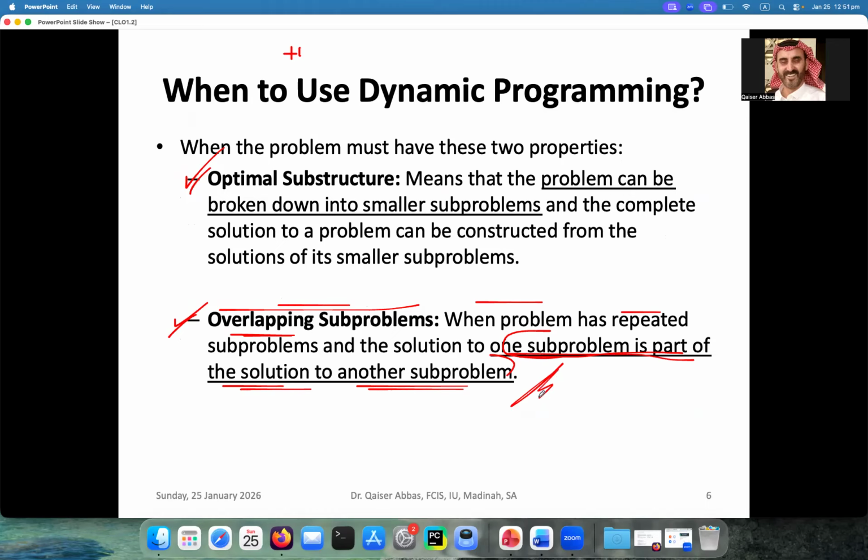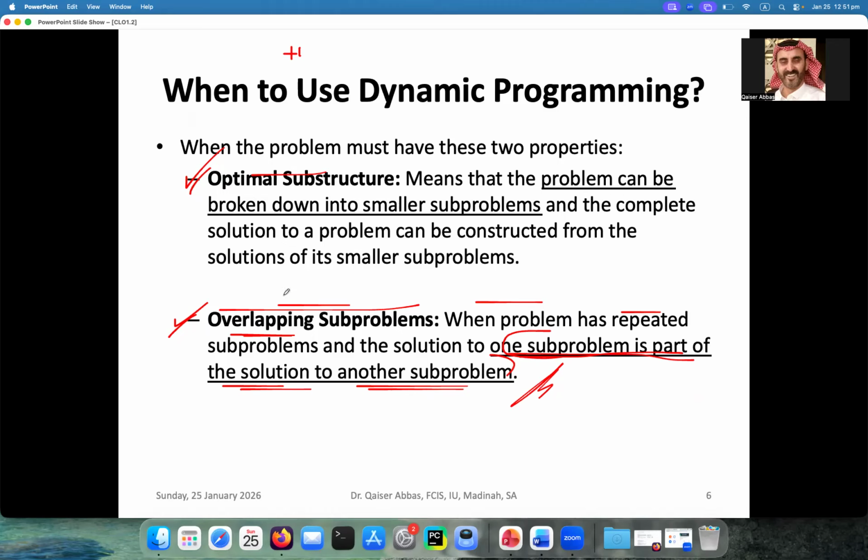Moving next, now two properties. You have to identify two properties in the problem. Optimal substructure, which means you can divide the problem into subproblems, and you will have the solutions to those subproblems, and put them together to find the solution.